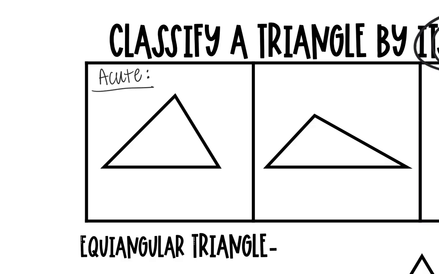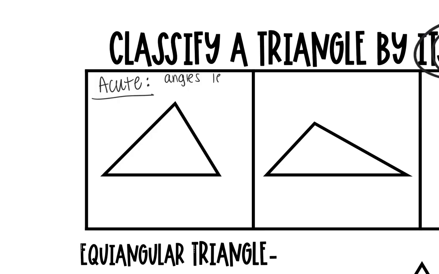Okay, so when I say a triangle is acute, that means that all of the angles in this triangle are acute angles. They are less than 90 degrees. So I'm going to put angles less than 90 degrees.